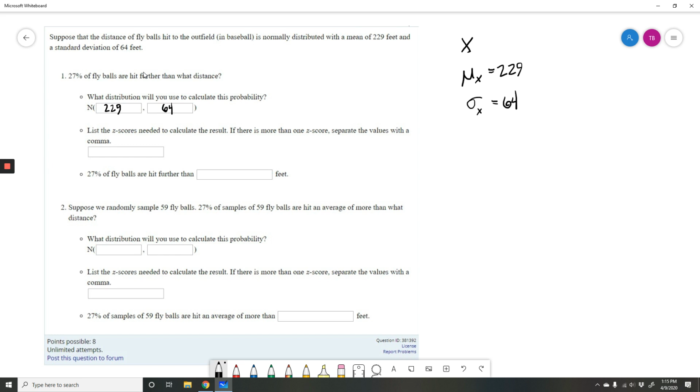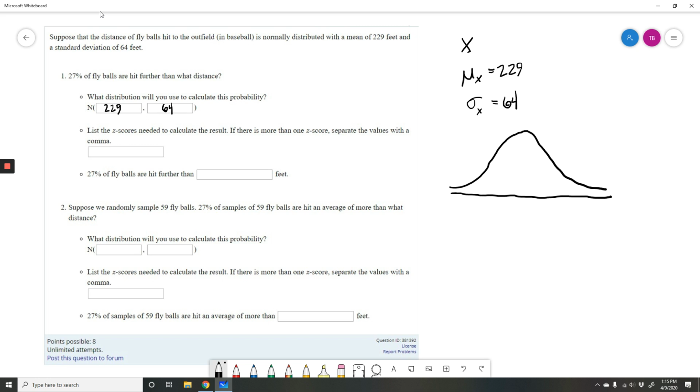Okay. Now, once we have that, we need to list the z-scores needed to calculate this result. Now, to do that, we first need to really understand what's going on here. So we have a normal distribution, that lovely bell curve. But what's it actually asking? It's not asking for a probability, right? It's saying 27% of fly balls are hit further than what distance? So it's giving us a probability, and it wants us to find the x value that corresponds to that probability.